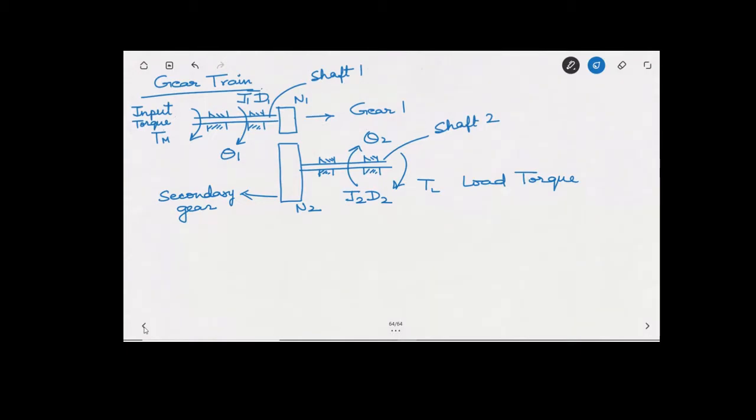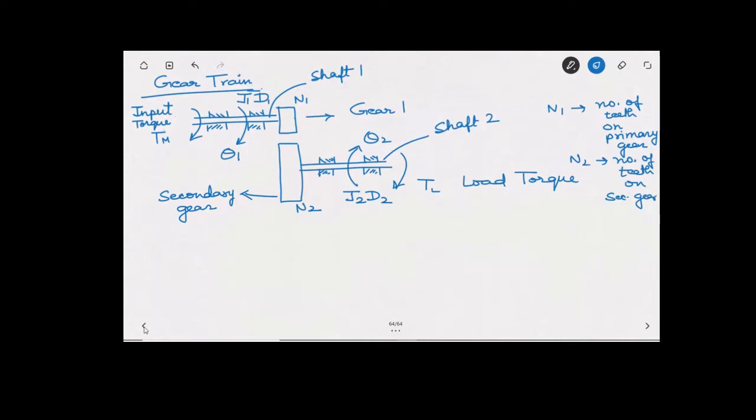N1 is the number of teeth on the primary gear, and N2 is the number of teeth on the secondary gear. So these are the two gears.